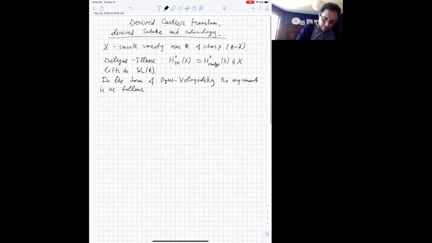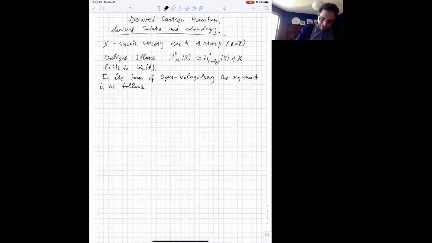By definition, de Rham cohomology can be rewritten as a certain Ext group in the category of crystalline D-modules.